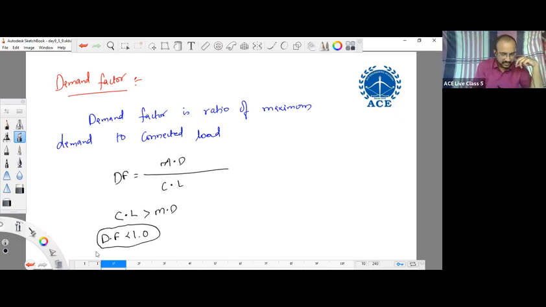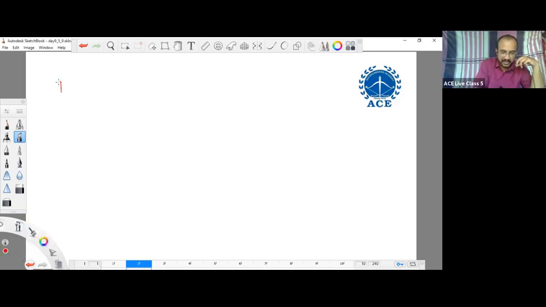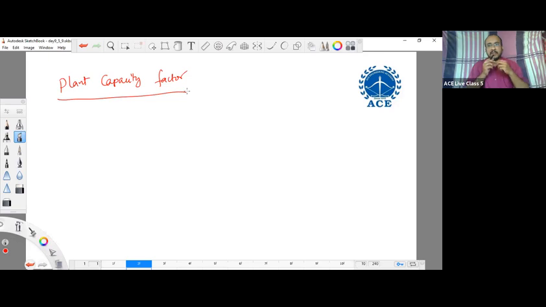Now next, let us define plant capacity factor. What do you mean by plant load factor? It is the ratio of average load to maximum demand. Now what do you mean by plant capacity factor?